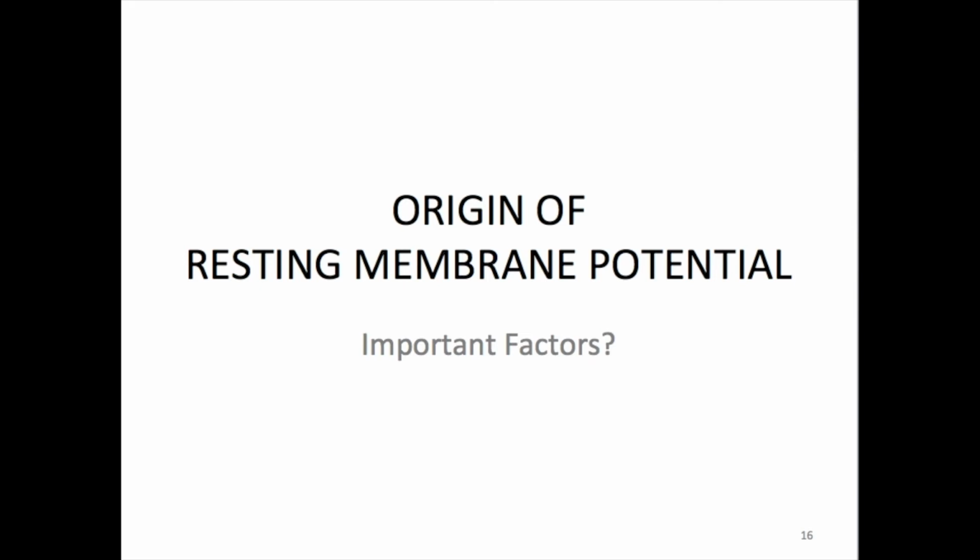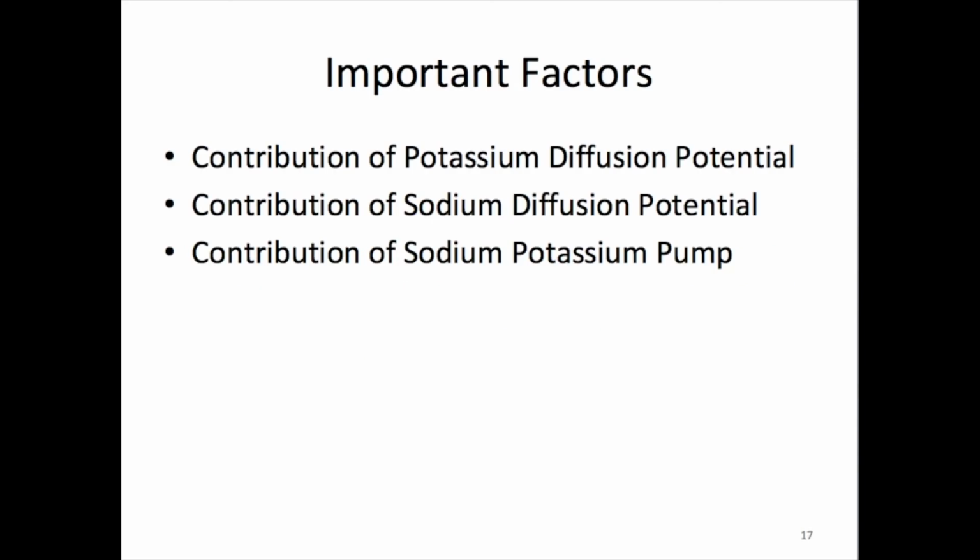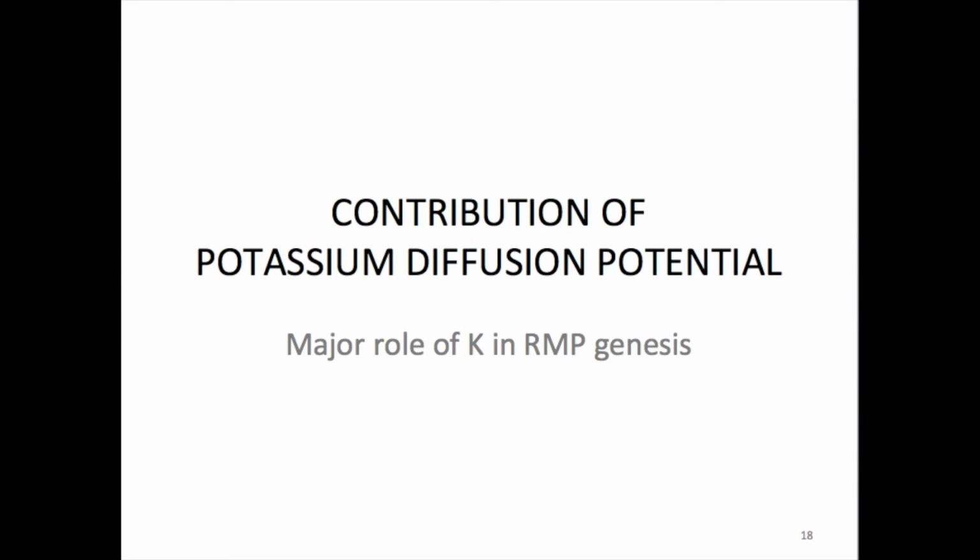Now, in the origin of resting membrane potential, certain important factors are the contribution of potassium diffusion potential, sodium diffusion potential, and the contribution by the sodium potassium pump. Keep in mind that potassium has a major role in the genesis of resting membrane potential.